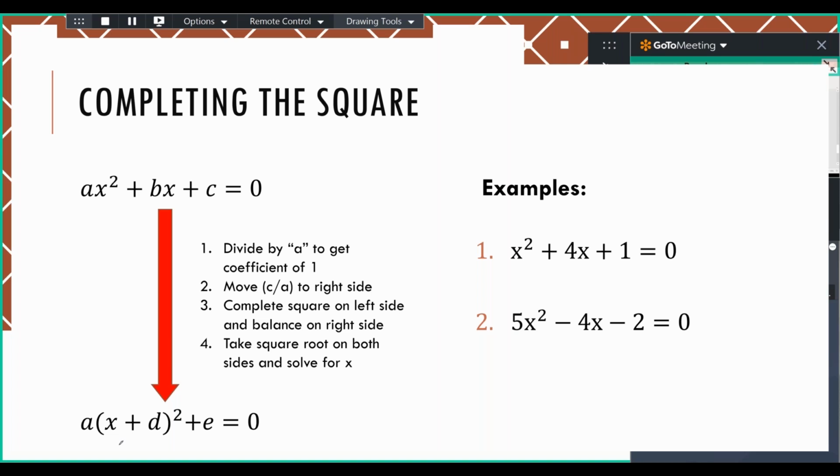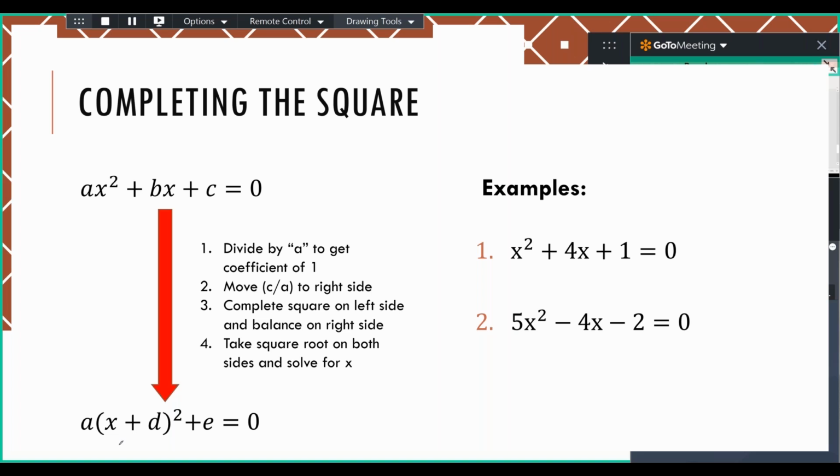So basically, in order to get it into this form, we want to divide by the constant a, so we have a coefficient of 1 on the x squared. And then we're going to move that c divided by a over to the right side.